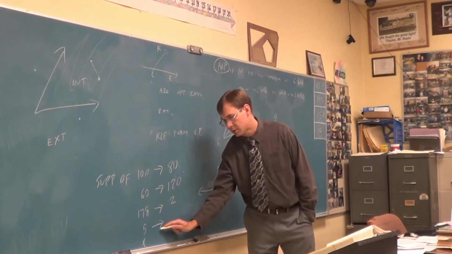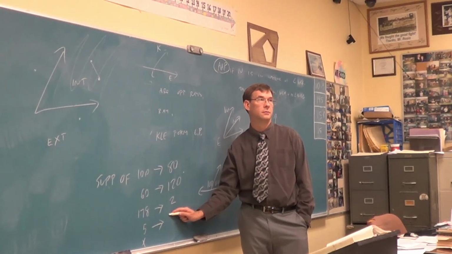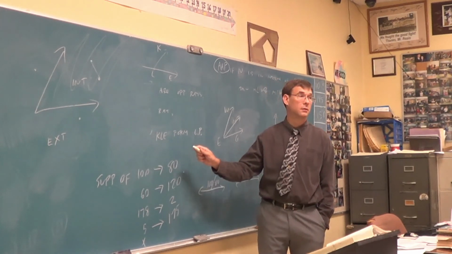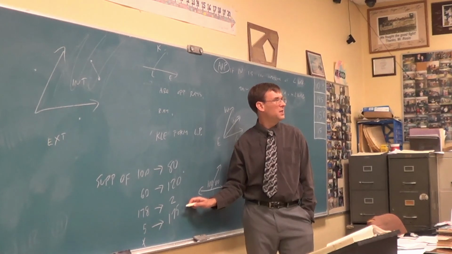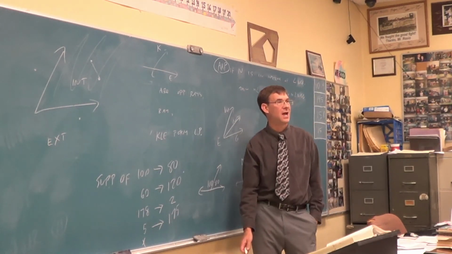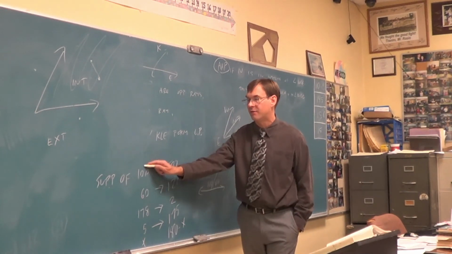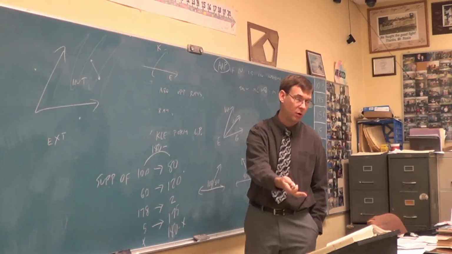Supplement of 5, 175. What math are we doing there? Probably not to come up with the missing number. You probably subtracted. So what if I gave you an x? You would go 180 minus x. The way you're doing this math to find the supplement is 180 minus whatever I happen to give you or what the book happens to give you.